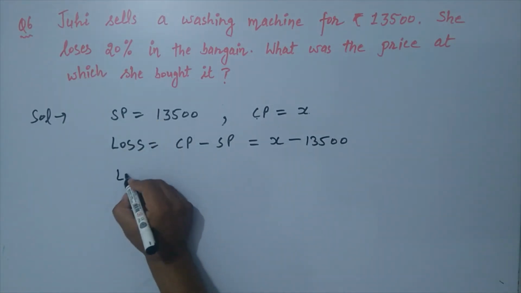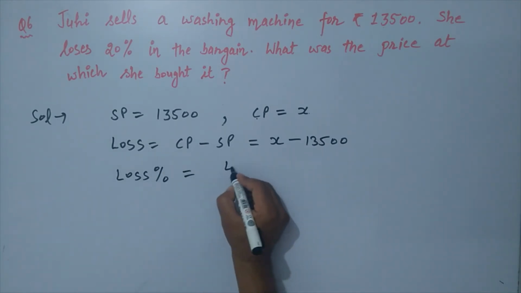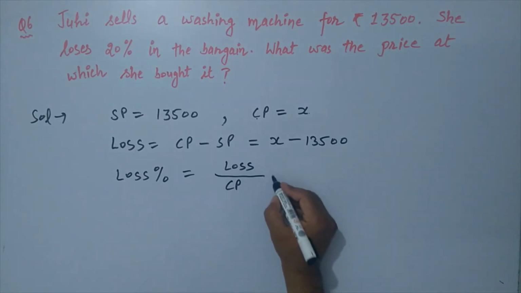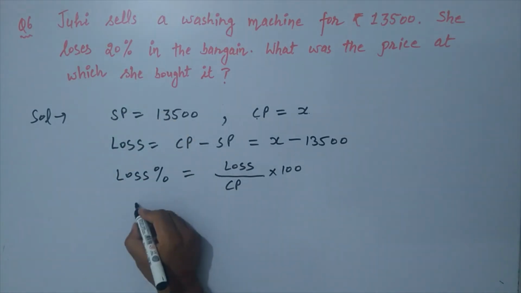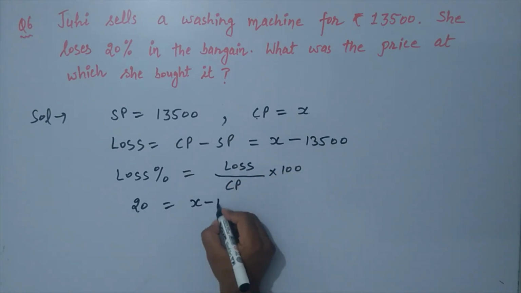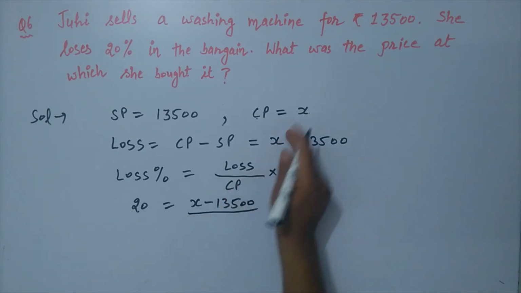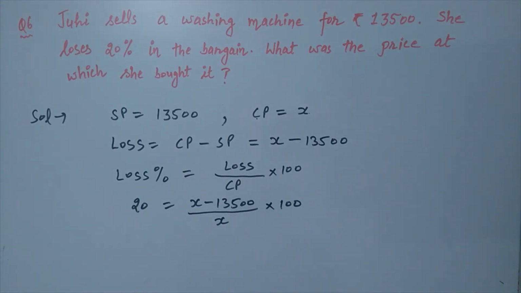Therefore, loss percent is equal to loss divide cost price into 100. That means 20 is equal to loss, X minus 13,500, divide cost price X, into 100. We divide both sides by 100.